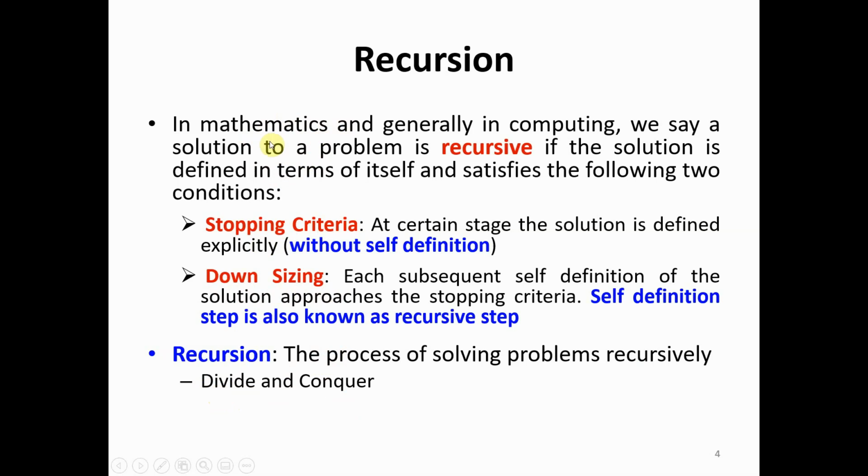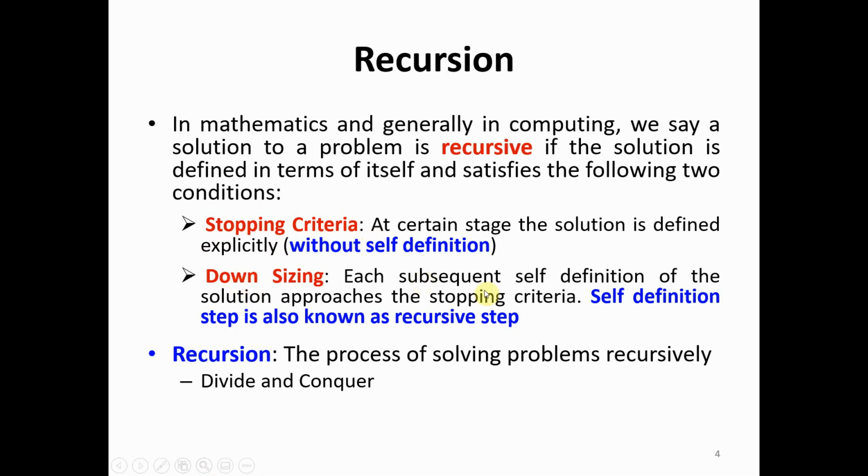So we try to make that problem smaller and smaller until we get to a point, also called the base case, where we know how to solve the problem. At that point, we're going to backtrack and find the solution for the larger problems that we have.